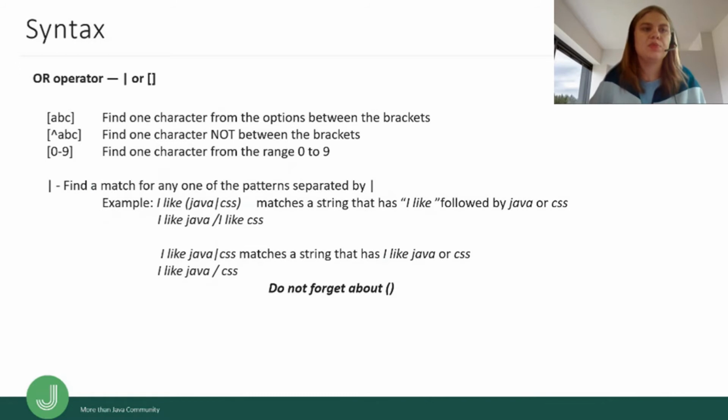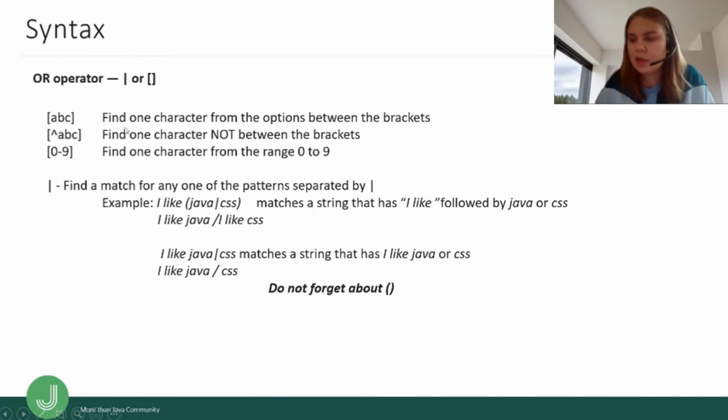Let's move on to the next. It's the OR operator. As an OR operator, we can use the pipe or these square brackets. In square brackets, we can write just some symbols that we're searching for. If we use this caret symbol, we will search for symbols that are not in the brackets.